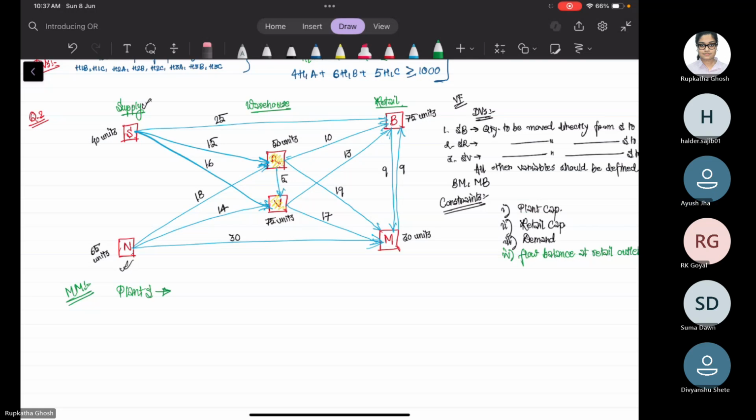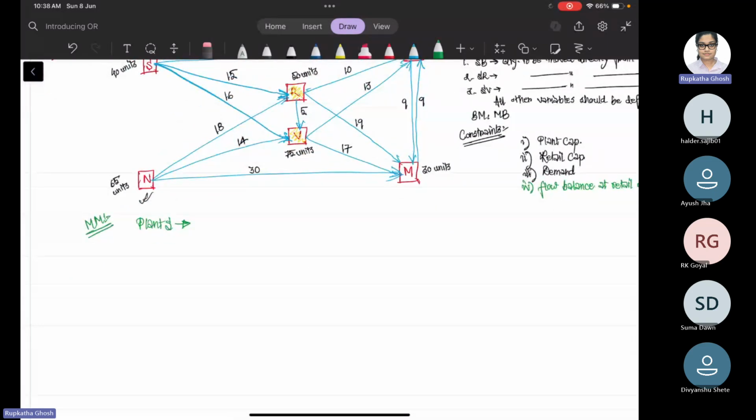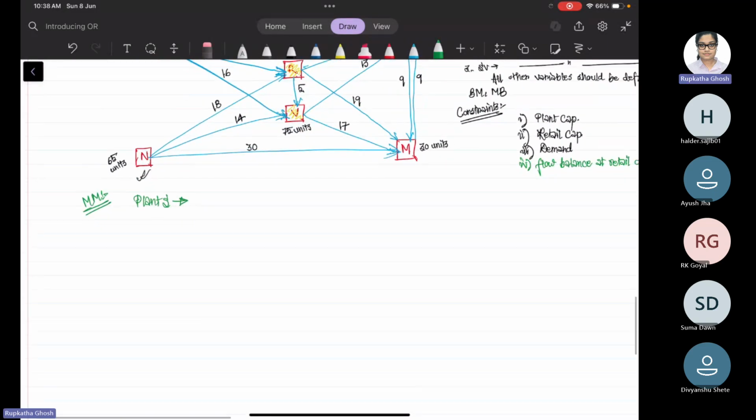SB, SR, SV. What SB, SR, SV? You give me one equation. Less than 40. So for plant S, you will have SR plus SV plus SB, let's say less than or equal to 40.